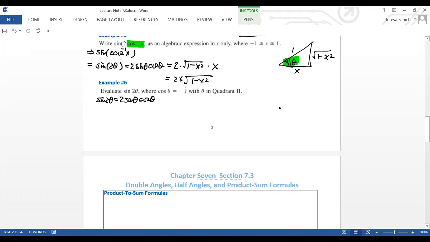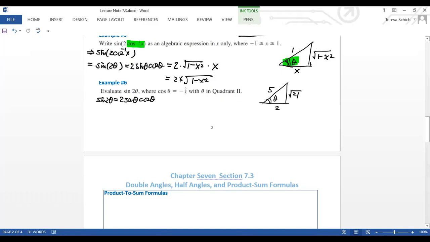The cosine theta we already know, so it's negative 2/5. Let's try here. This is my theta. Cosine is 2/5, so this is 2, this is the 5. So what is here? This is the square root of 21.